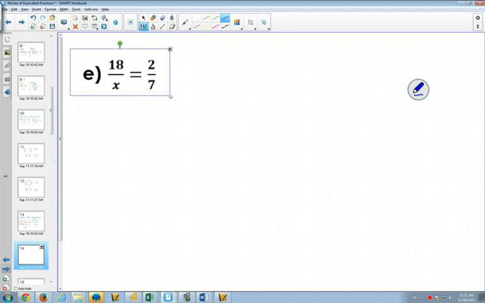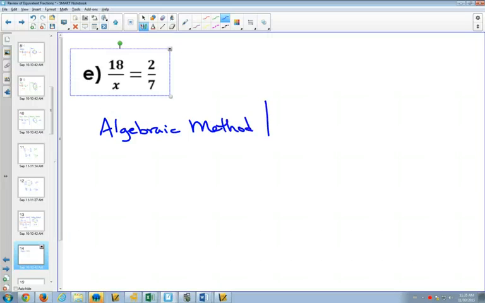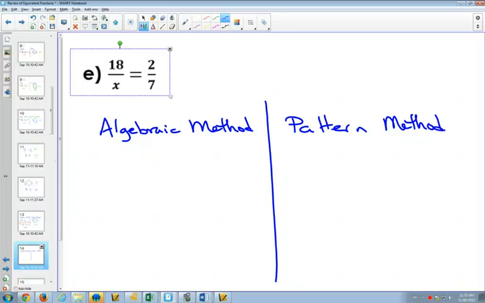Here's one for you to try with both the algebra way and the pattern way. So we'll start with the algebraic method, and then we'll do the pattern method after that.